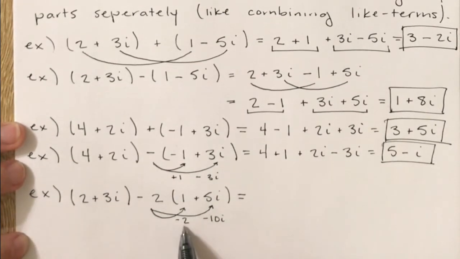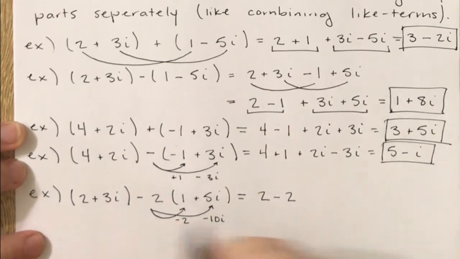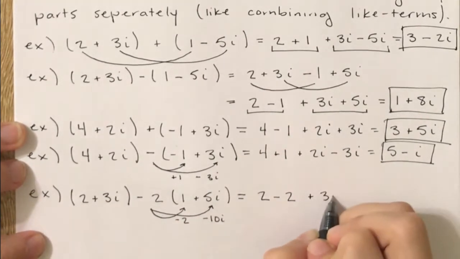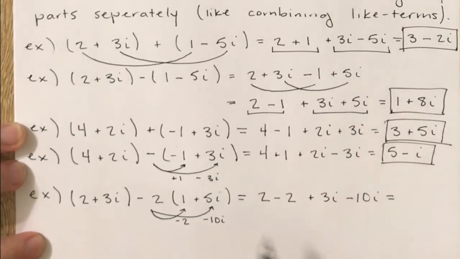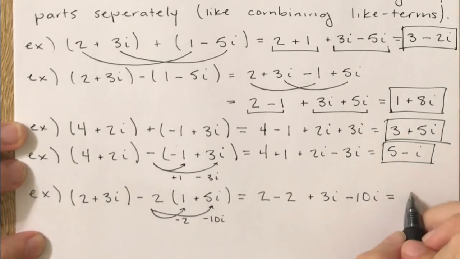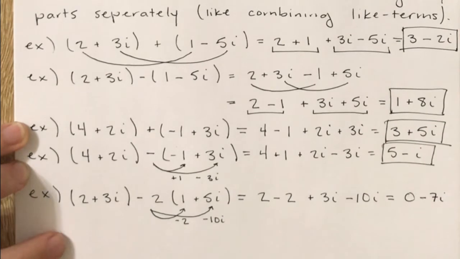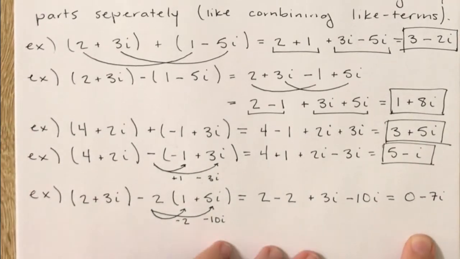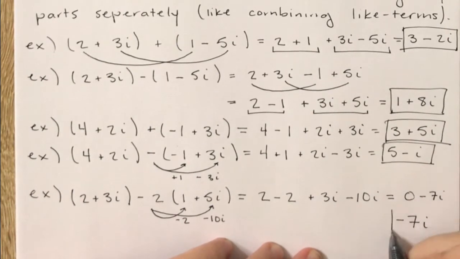So we have 2 minus 2 for the real part, plus 3i minus 10i, and we end up with 0 minus 7i. This is a perfectly acceptable answer as is, or we can just write it as minus 7i.